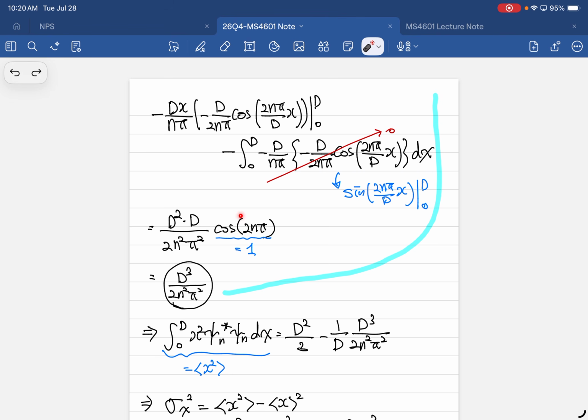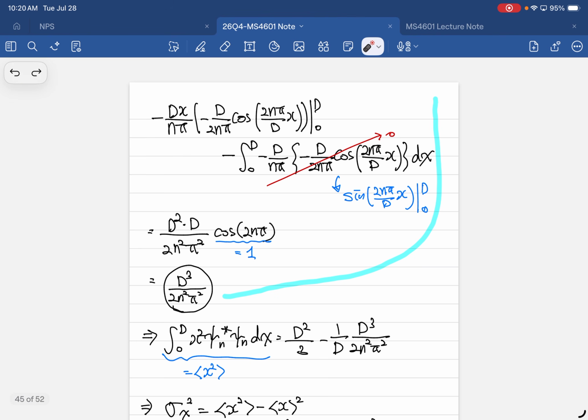Cosine 2nπ is 1 here. By the way, if 0 goes inside, obviously this is 1, but 0 also goes inside here. This is why the subtraction part is essentially 0, so you only have this term surviving.